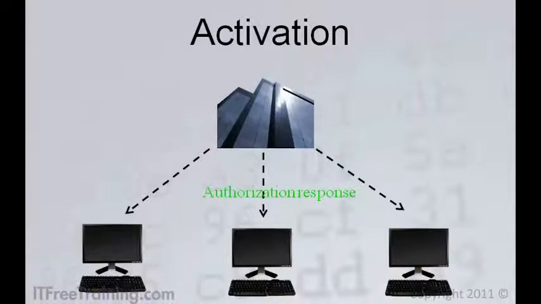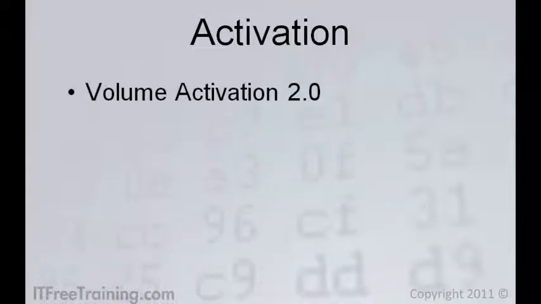You can, however, install Windows Server 2008 and Windows Vista without a product key and enter a product key later on. If no product keys are entered during the install, you have a 30-day grace period to enter a product key. These new procedures and technologies used to activate products are collectively known as Volume Activation 2.0.